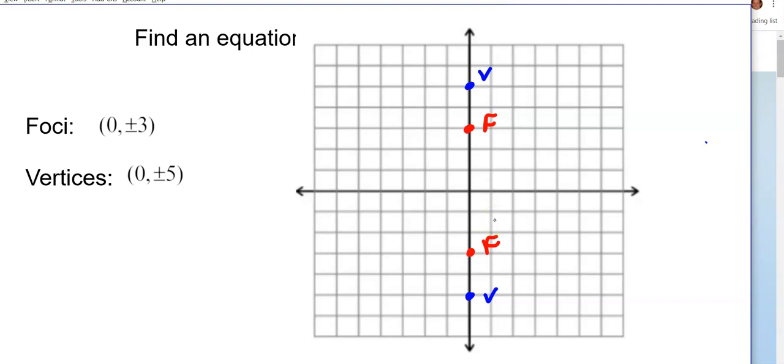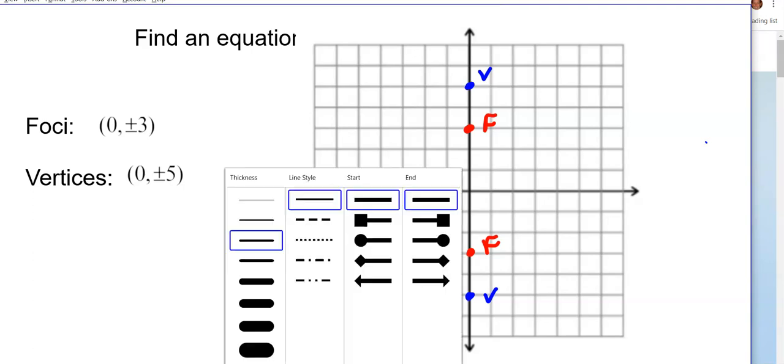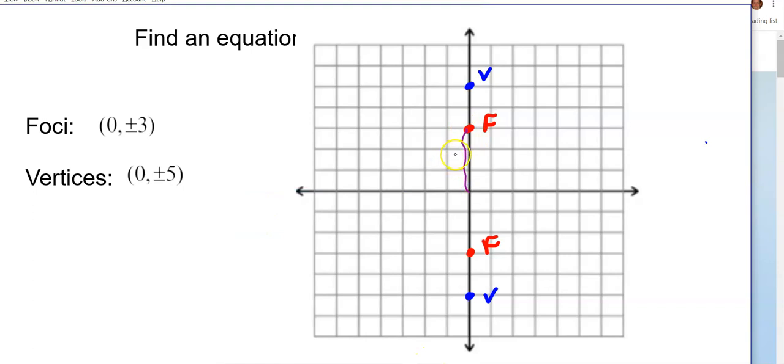If you think back to what you know, maybe you're getting this idea, but the distance from here to here is called c. Well, c in this case would equal 3. The distance from here to here is called a, and that distance is 5. So we know a is 5 and c is 3.